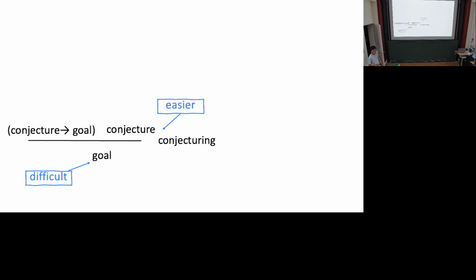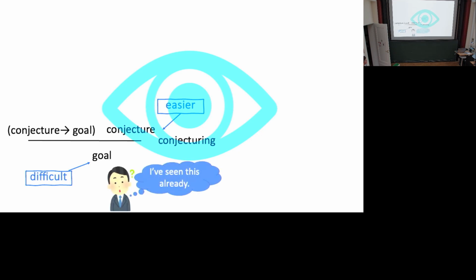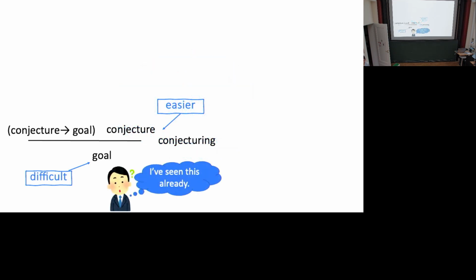So the essence is here. Let's look at this for 5 seconds. 1, 2, 3, 4, 5. Do you think you have seen something similar previously? Not in this slide, but in this talk.